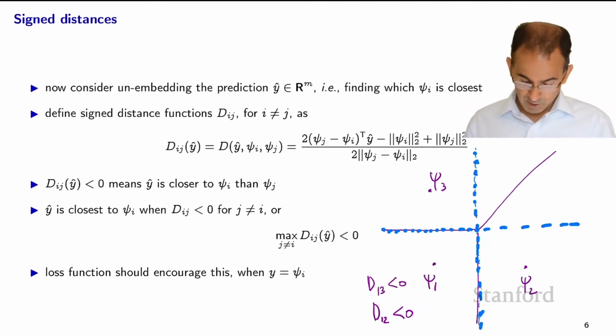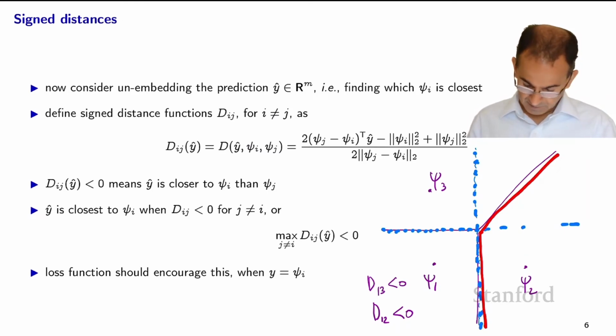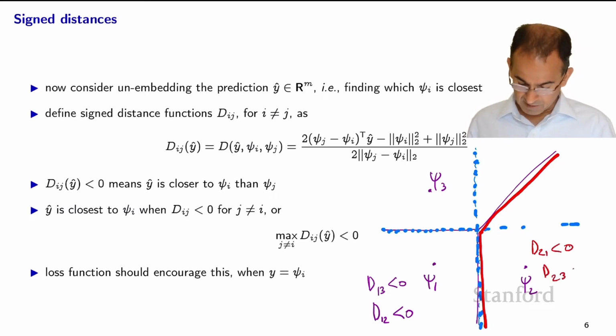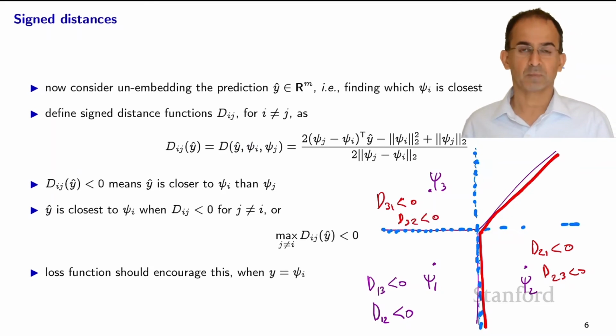And similarly, I'm in the region belonging to psi2. That's this region, if d2,1 is less than 0 and d2,3 is less than 0, and finally over here I have d3,1 is less than 0 and d3,2 is less than 0.